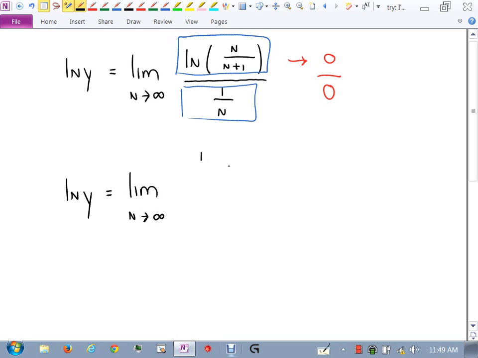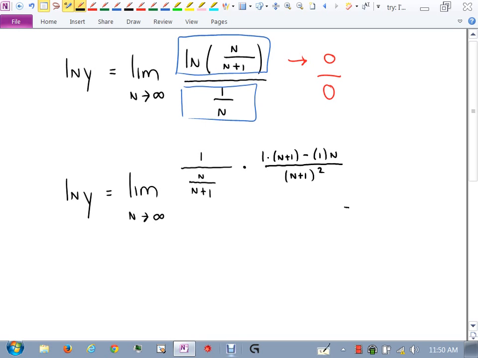Well, 1 over that something, right? Now that would have reciprocated back up, but I'm just going to leave it like this. Times the derivative of what's inside, which is a little quotient rule: derivative of the top, n, times the bottom, minus derivative of the bottom, which is 1, times the top, all over the bottom, squared.